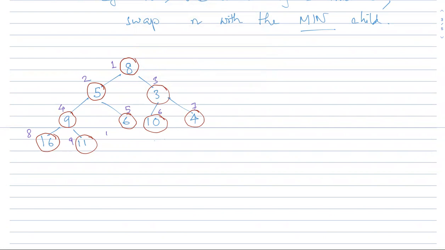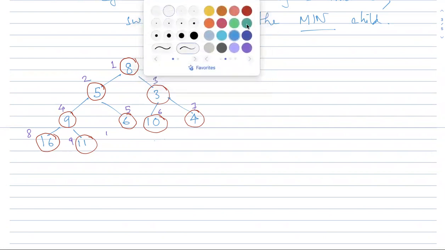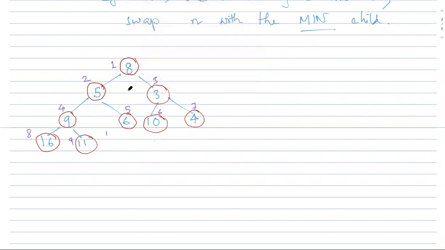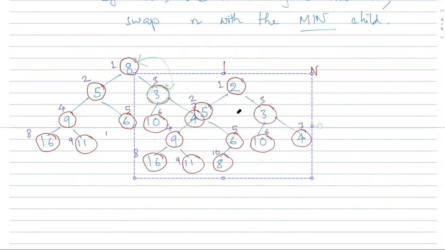So we have to pick the minimum. Which is the minimum value between 3 and 5? It is the 3. So it needs to swap with 3. So it swaps.